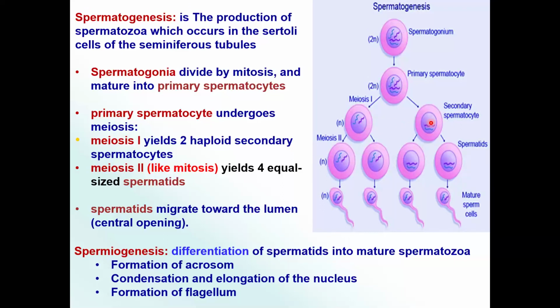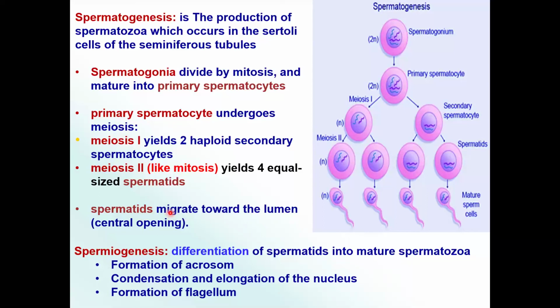Those secondary spermatocytes again undergo another meiosis, but this meiosis is in fact very similar to mitosis, and there is no reduction in the number of chromosomes, and it gives 4 cells. Those are the 4 spermatids, and they will develop through the process of differentiation into mature sperm.